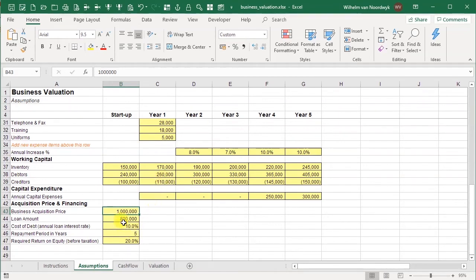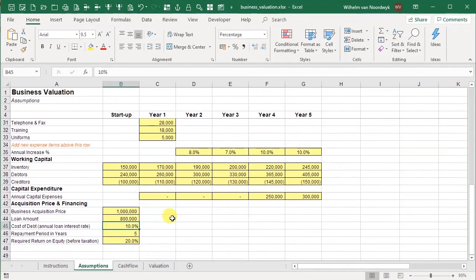So the acquisition price initially, you can put in anything that is a ballpark estimate of what the business is deemed to be worth. And then in terms of a business acquisition, you'll also enter a loan amount. That is just to determine how much debt and how much equity will be used to finance the business acquisition.